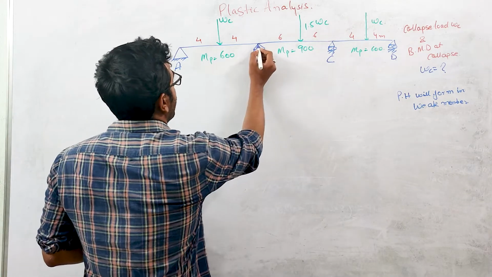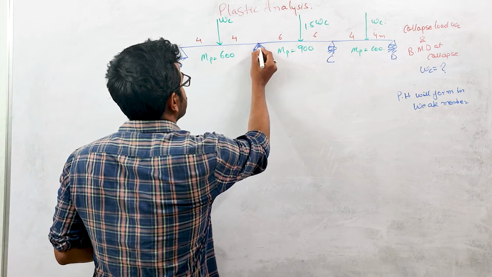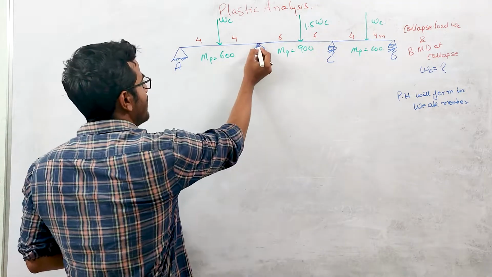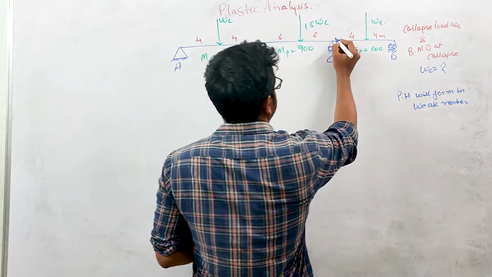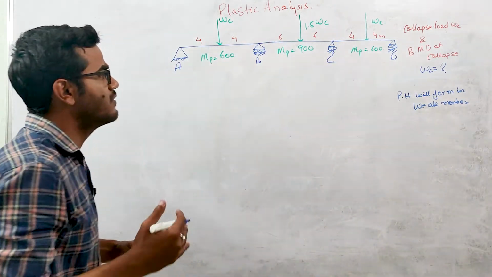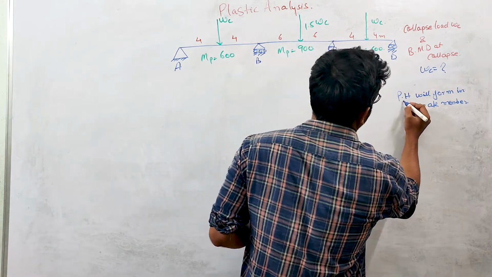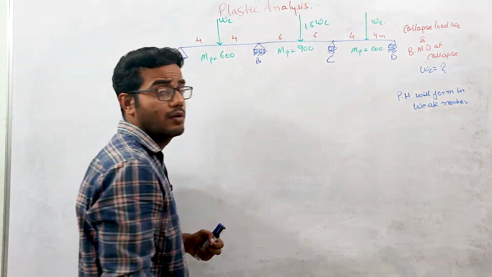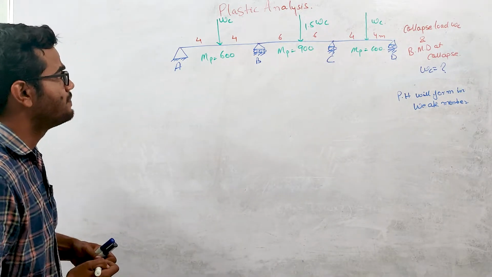So the plastic hinge will form just left of this support B, in this member. Here also the plastic hinge will form just right of support C. This is the meaning of the plastic hinge forming in the weak member, because the plastic moment capacity is less over there.